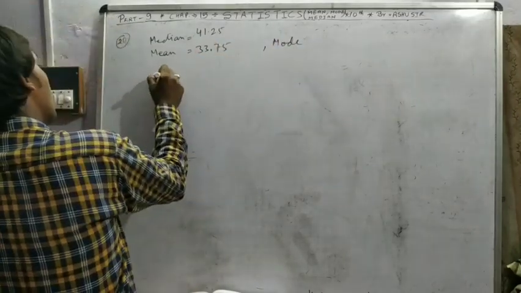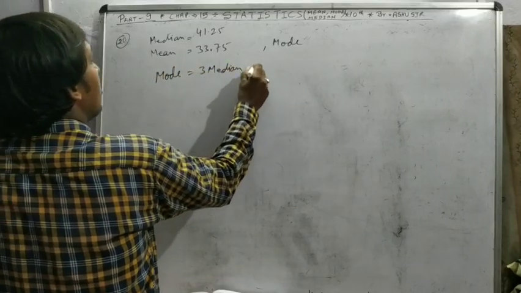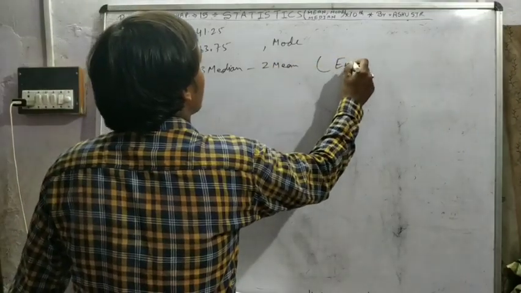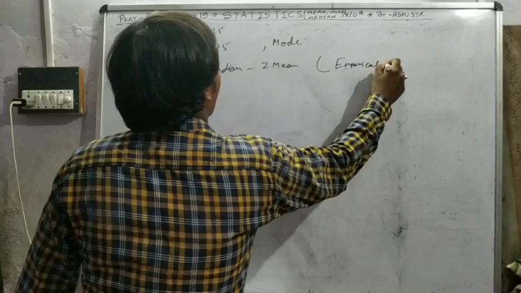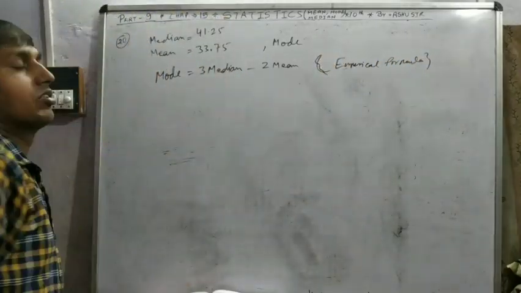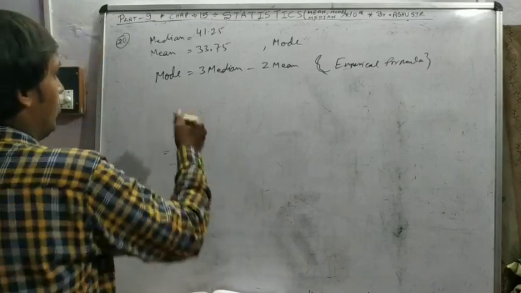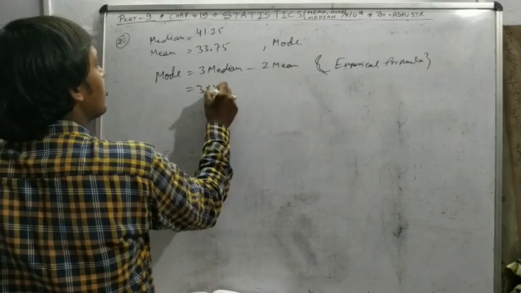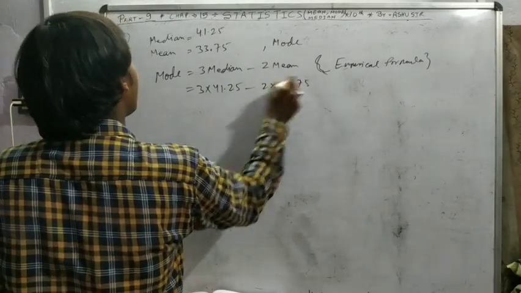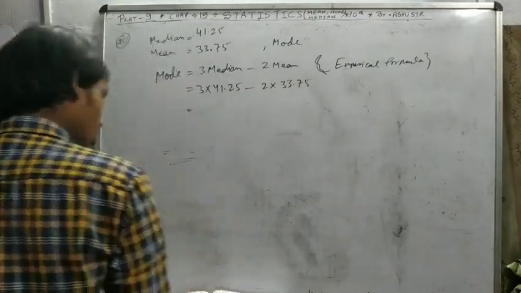So you know mode is equal to 3 median minus 2 mean. That is the empirical formula. You know this formula we explained in the previous video. So very simple, only putting the values: 3 into 41.25 minus 2 into 33.75. Multiplication is so important for this type of question.